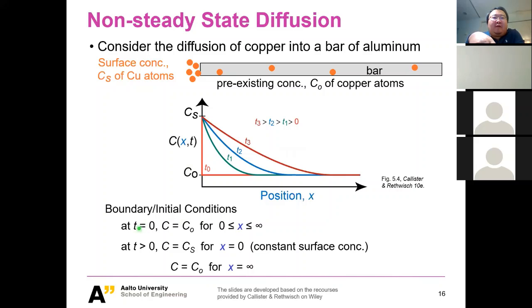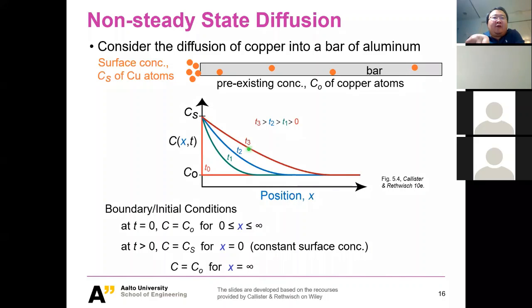The first one at time t, and the position from 0 to infinity, you always have the concentration equal to C0. So basically, I'm giving you the profile here, this red line. And when time is bigger than t, you will have a diffusion looking like that. So T1, T2, T3, right?